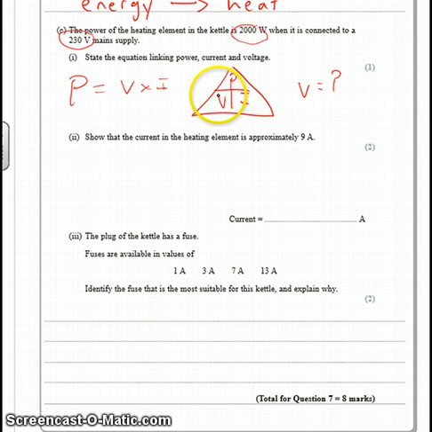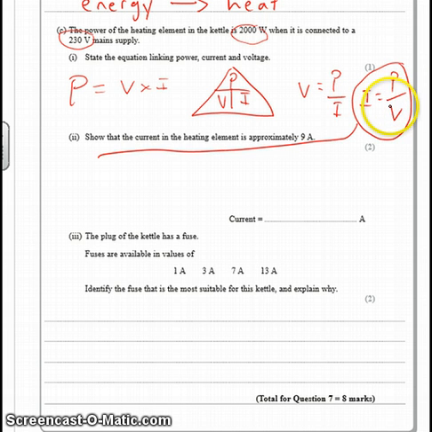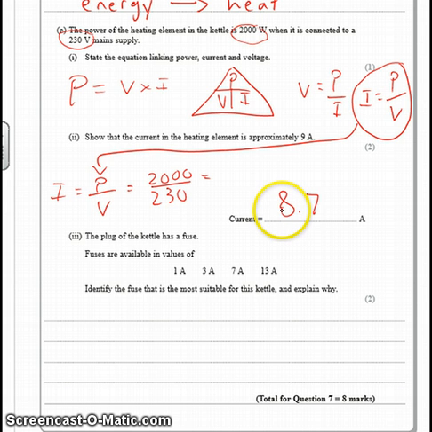So V is P over I, or I is P over V. Show that the current in the heating element is approximately 9 amps. Well, we want current, so we're going to use this one here. So I is P over V, which is 2000 divided by 230, and that gives a current of 8.7 amps.